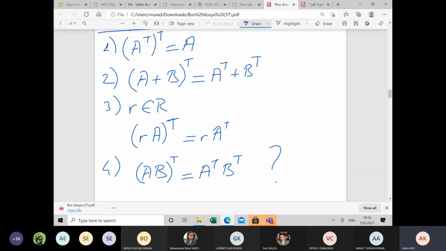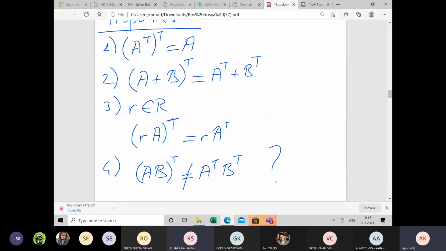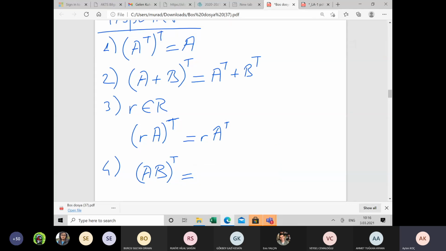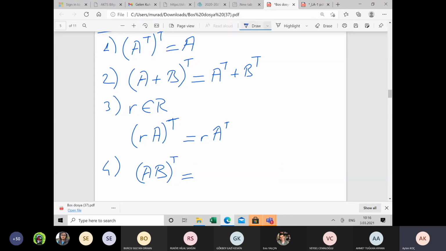Any idea? Not true. So it is not equal. The right side should be the other way around.